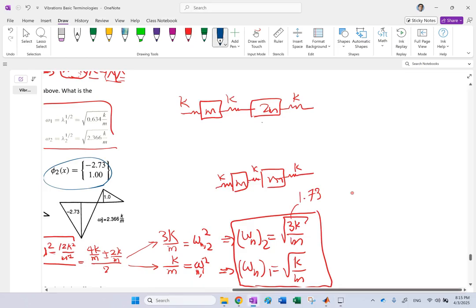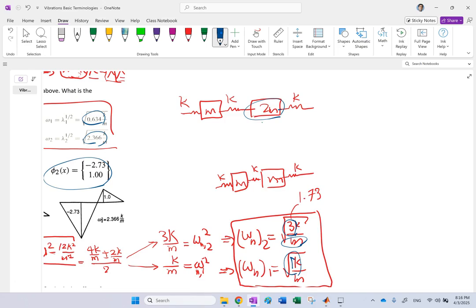Clearly you see that this system with the two m's has bigger frequencies. Look, this is 3, here is 2.36, this is 1, here this is 0.63. So clearly this system has a bigger frequency. Why? Because this one has a bigger mass. And you know, mass is in the denominator of frequencies, so bigger mass means smaller frequencies. And you can see that, of course. So adding more mass means bringing down the frequency.